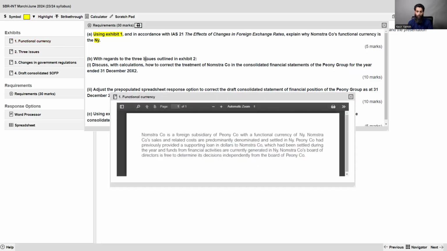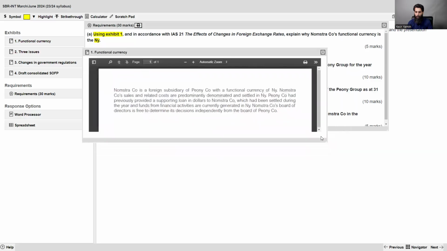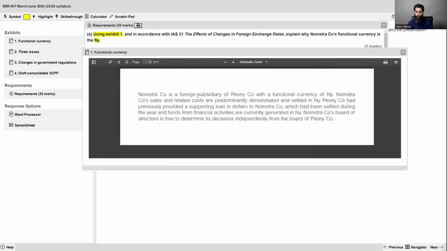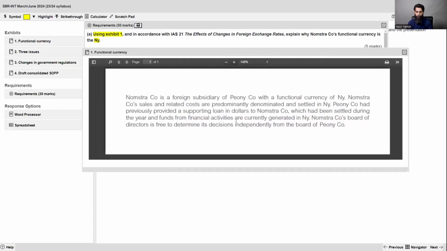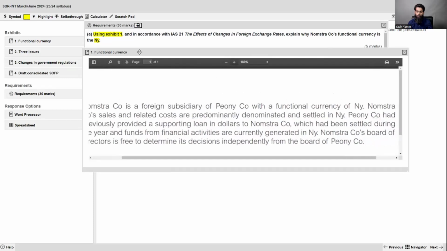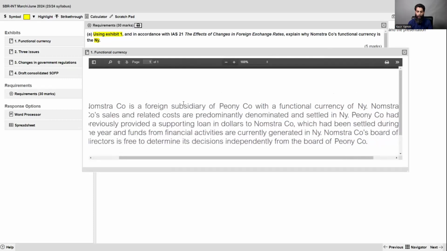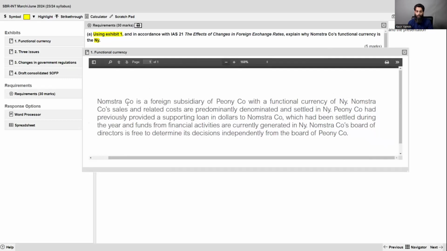Okay. So now we have a question in front of us, the exhibit number 1. Let me zoom in a bit so that all of you can see. And I hope it's visible. So it says that Normstra company is a foreign subsidiary of Peony company with a functional currency of NAI. So they determined that Normstra has a functional currency of NAI.